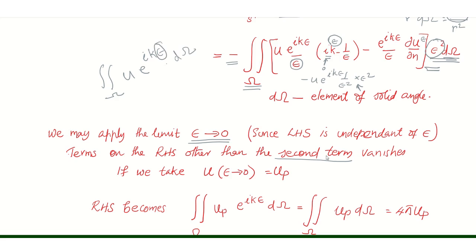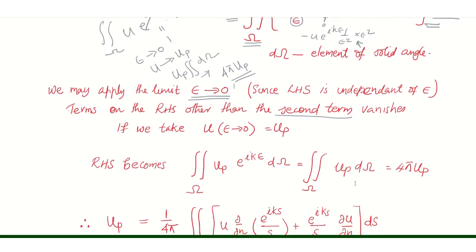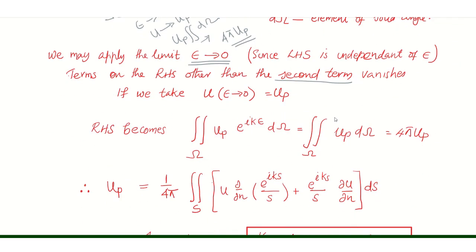Also this epsilon goes to 0, and therefore this goes to 1, and u becomes the value at the point p, u p. So this will be u p times the integral of d omega, or that is, if you integrate over the 4 pi radians, that becomes 4 pi u p, and that's what we get here.